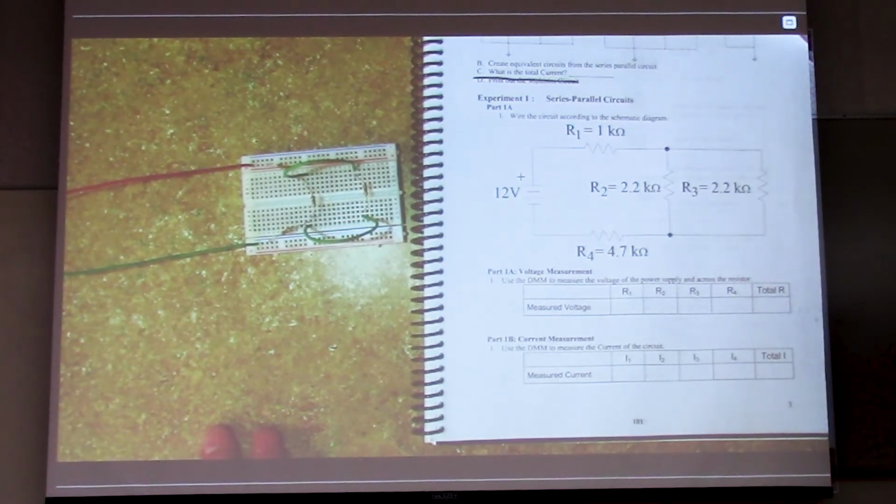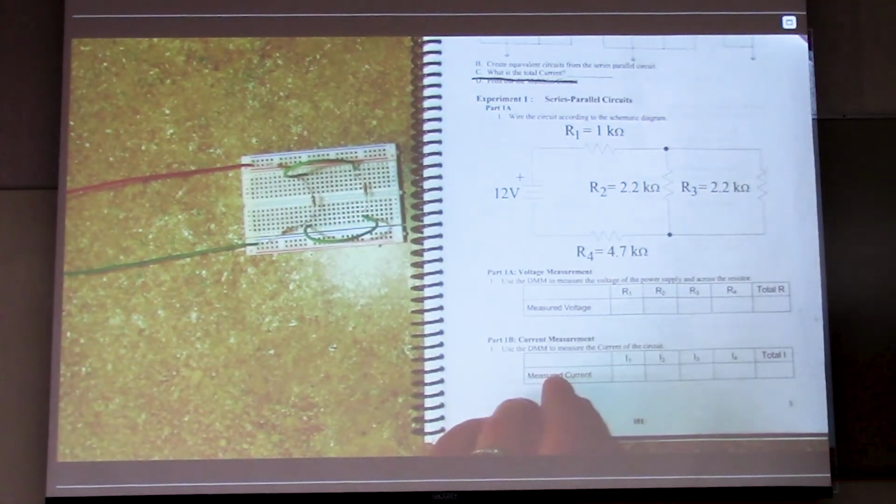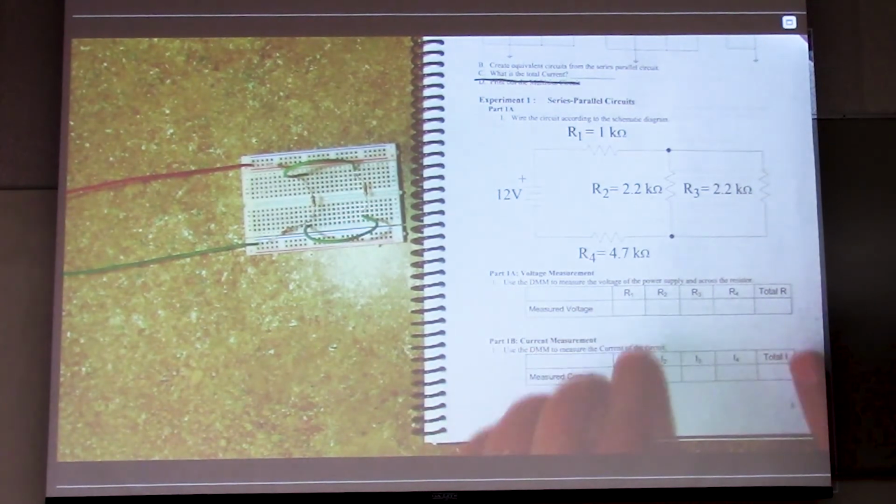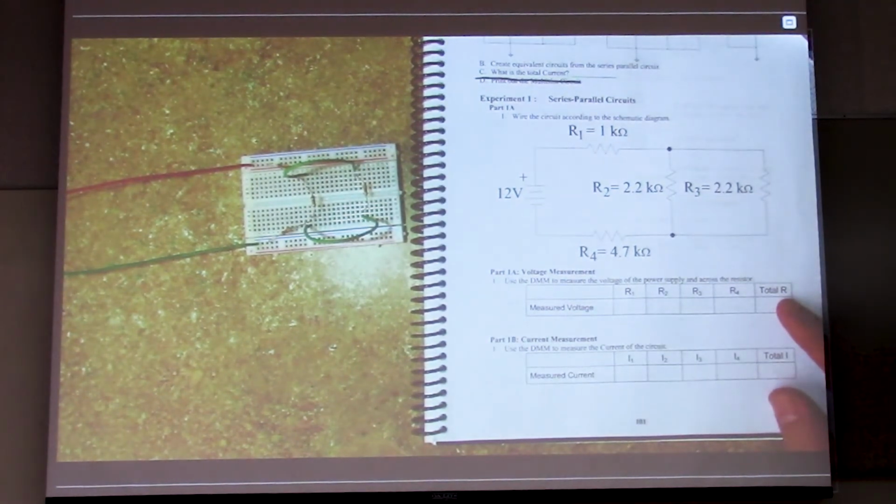Yes? On the sheet, it says total R, so are they putting resistance or total voltage? I'm sorry, where is that? On the first one, or measured voltage. Oh, it is voltage. I see. So I think that's the voltage across the total resistance.